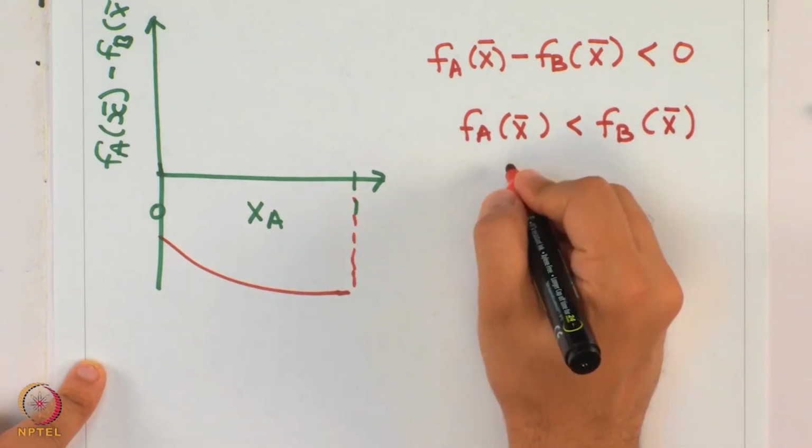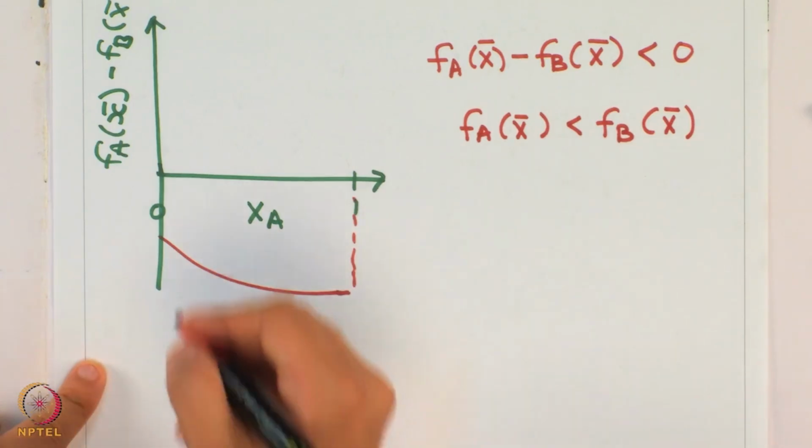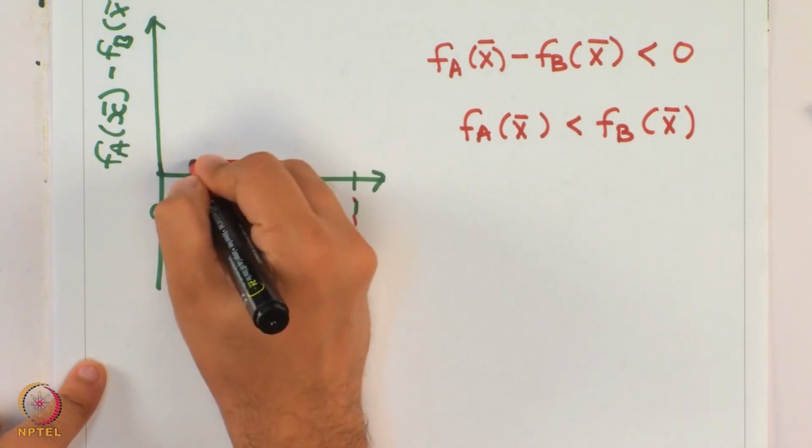And if B is fitter than A, then selection should automatically act and ensure that A is driven out of the population.